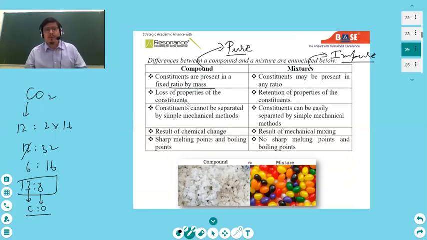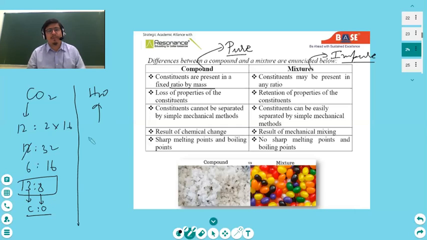Compound loses the property of the constituents. Okay, when a compound is formed, the property of the constituents is lost. For example, water is formed by hydrogen and oxygen. I'm not writing in the balanced form now, I'm just writing the constituents. Hydrogen is a gas, oxygen is a gas. Okay, they have different natures.